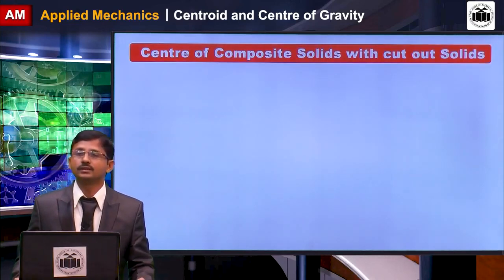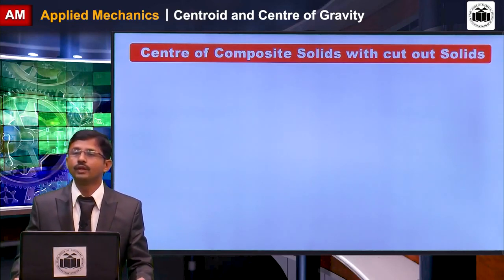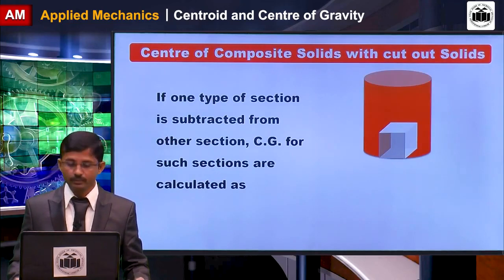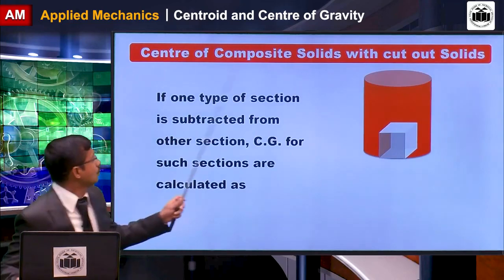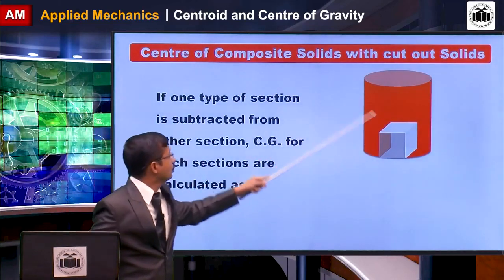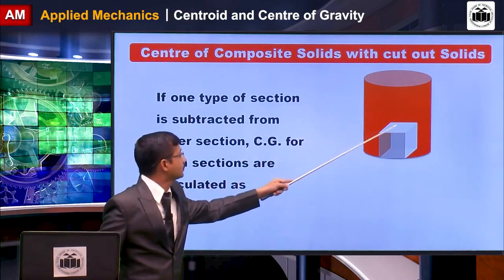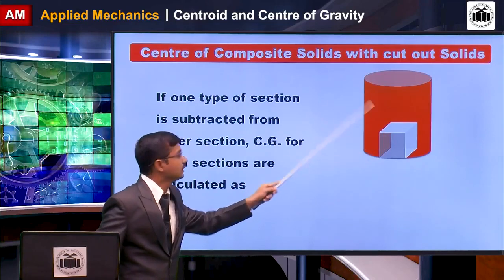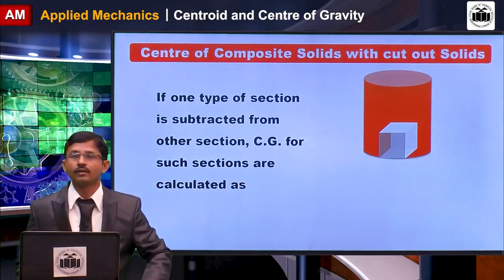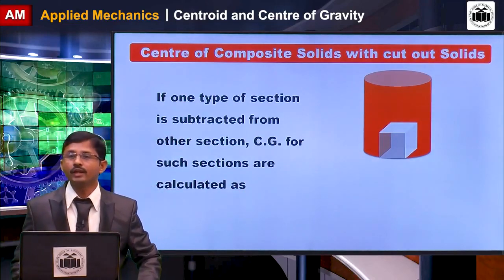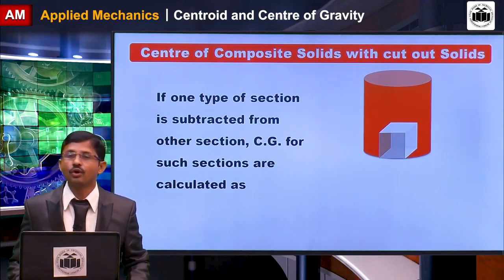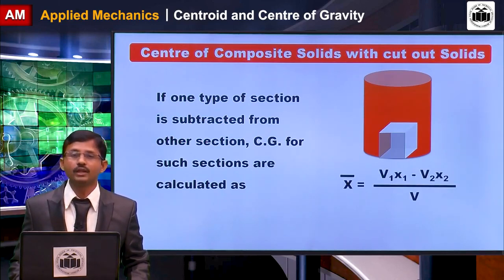Then we will discuss center of gravity of composite solids with cut solids. That means there is a cylinder, and from this cylinder you have to subtract or remove this particular cube. This is called cut solids. If one type of section is subtracted from other sections, the CG for such sections is calculated using the following equations.